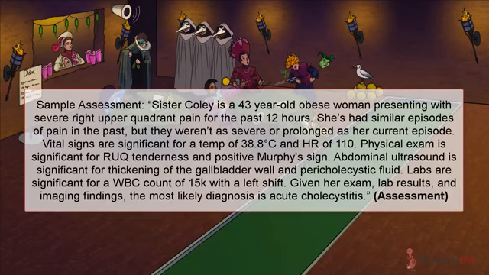Physical exam is significant for right upper quadrant tenderness and positive Murphy sign. Abdominal ultrasound is significant for thickening of the gallbladder wall and pericholecystic fluid. Labs are significant for a white blood cell count of 15,000 with a left shift. Given her exam, lab results, and imaging findings, the most likely diagnosis is acute cholecystitis.